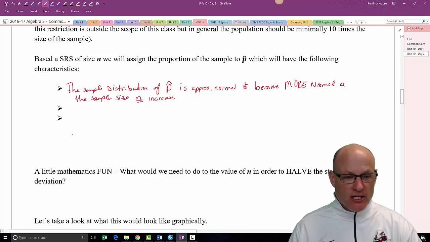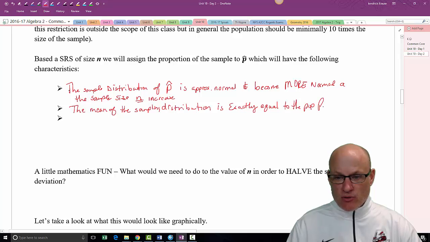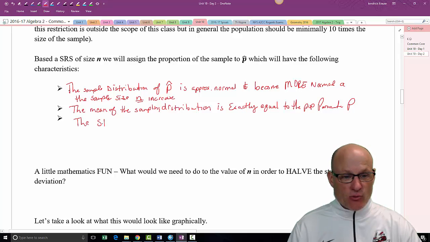The mean of the sampling distribution is exactly equal to the population parameter P. The standard deviation of the sampling distribution, and this is the kicker, this is where we're going to start doing some math.